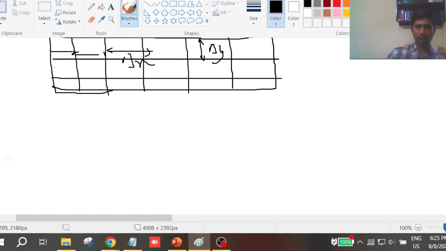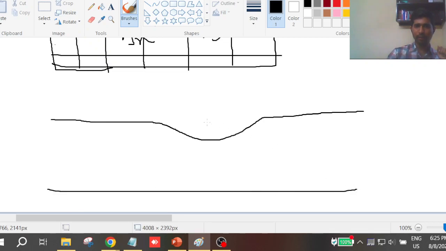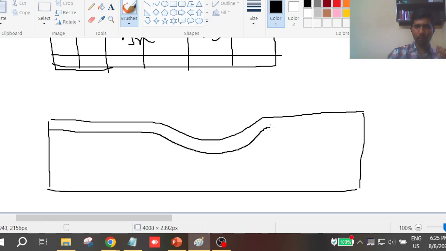Now I'll take another example. This is a blocked channel. The blockage is only at the top wall, assuming that. In this you cannot have exactly these rectangular kinds of cells wherein we want to solve. So we make a curve of this particular mesh.